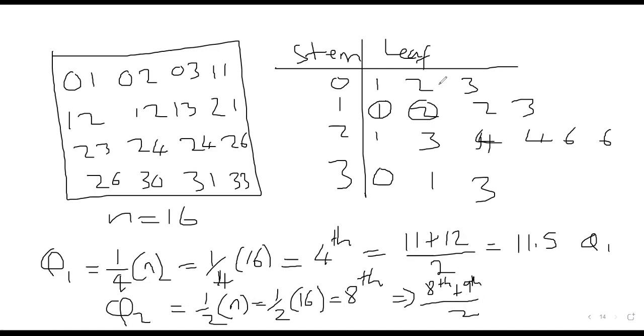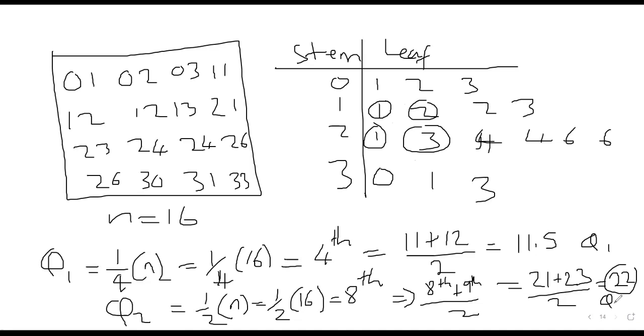So let's count 1, 2, 3, 4, 5, 6, 7, 8, 9. So what two numbers are these? 21 and 23. And when you average them, we're going to get what? 22. So this is called our median or second quartile.